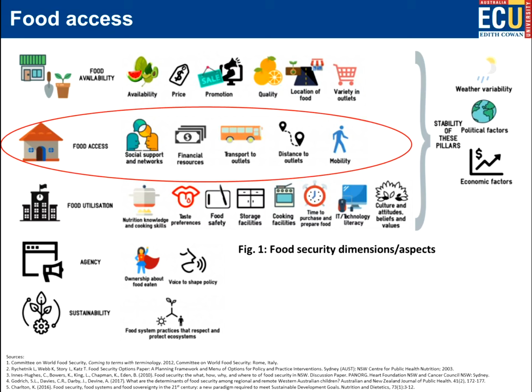We also have the distance to outlets in terms of how far people need to travel to access their food. And we also have mobility, which includes the potential mobility or physical constraints people may have which make it difficult for them to access food.